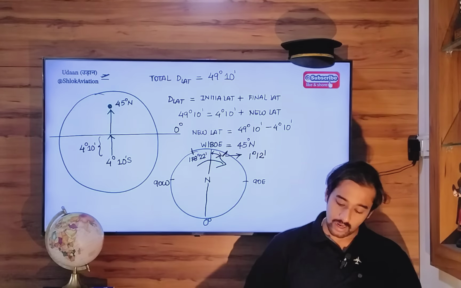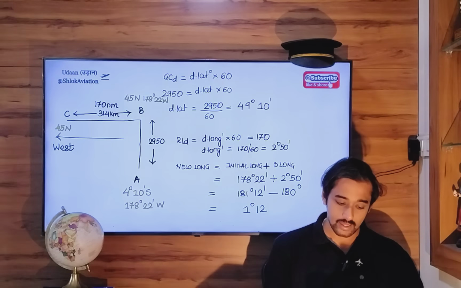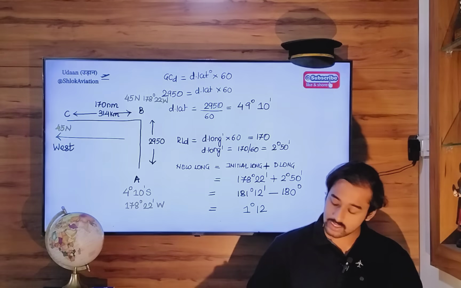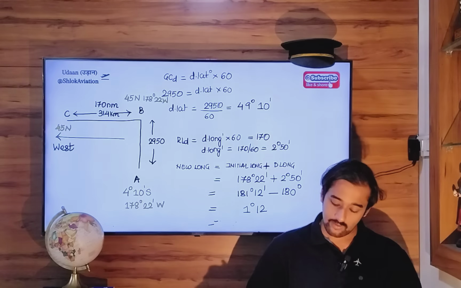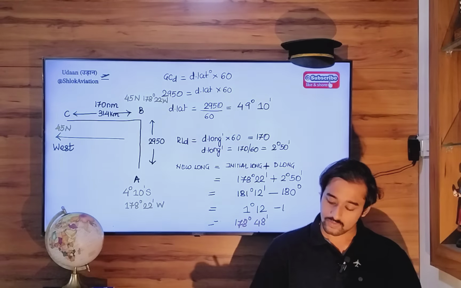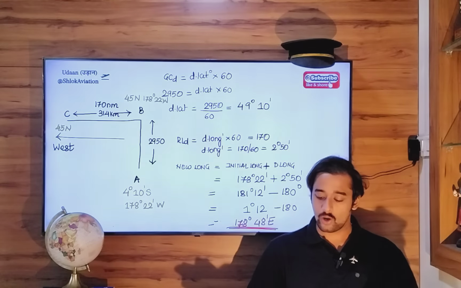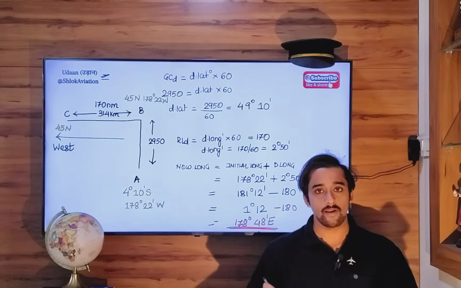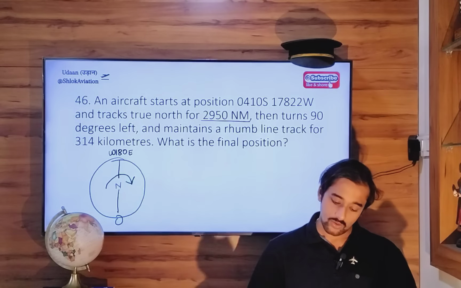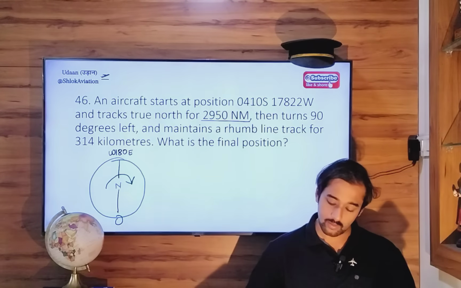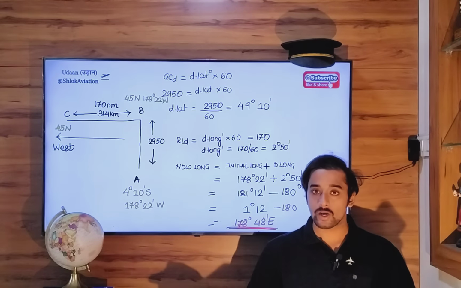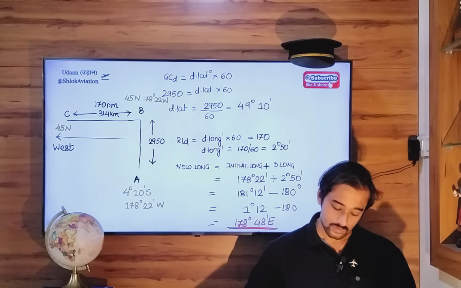So 180 degree minus 1 degree 12 minutes will give you a final answer of 178 degree 48 minutes east. Okay, so you have to select the option which has this value or any value close to this. So the new final position will be 178 degree 48 minutes east.